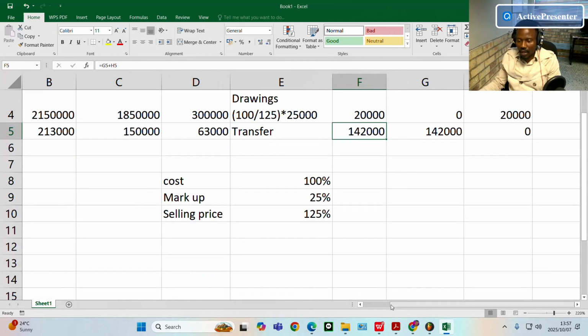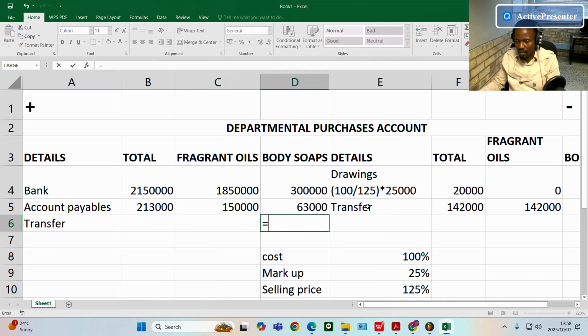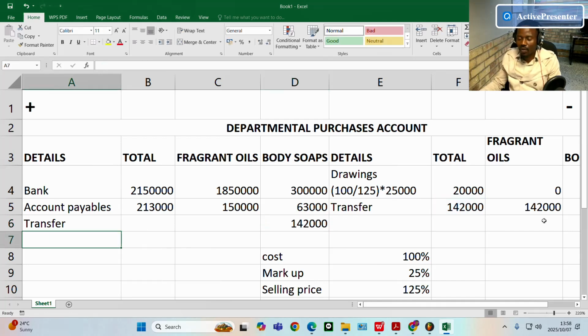So it must be added. Remember, when we add, we use the debit side. So it must be added to body soaps, this 142,000.